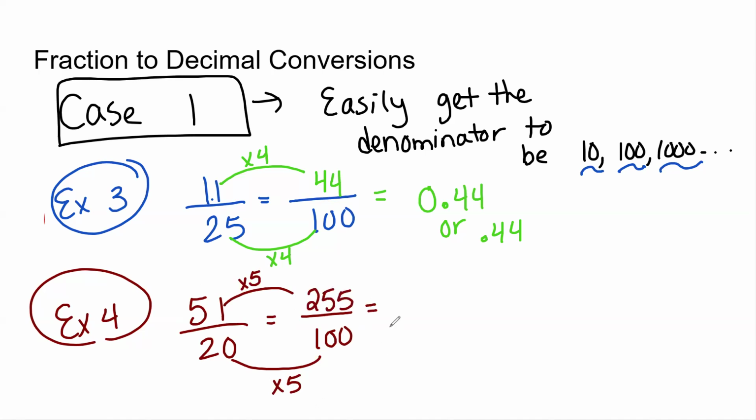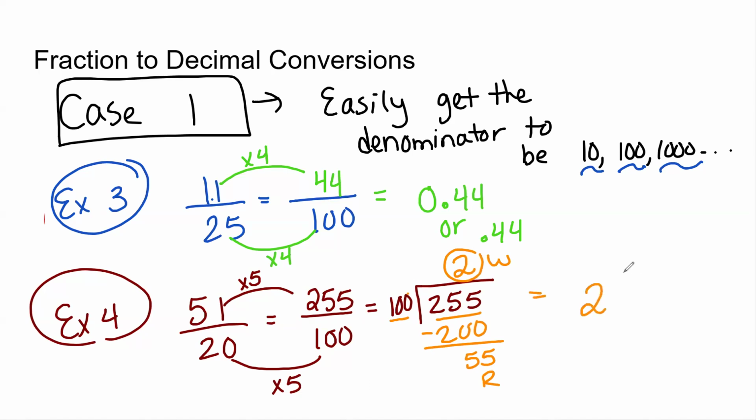Okay, now convert that to a mixed number. Again, I have a video on this if you need it. Feel free to look in my playlist under middle school math. Top divided by bottom. How many times does 100 go into 255? Well, that would go twice. 100 times 2 is 200. Subtract, and that would be 55 as your remainder. This is your whole number, and then 55 out of 100.